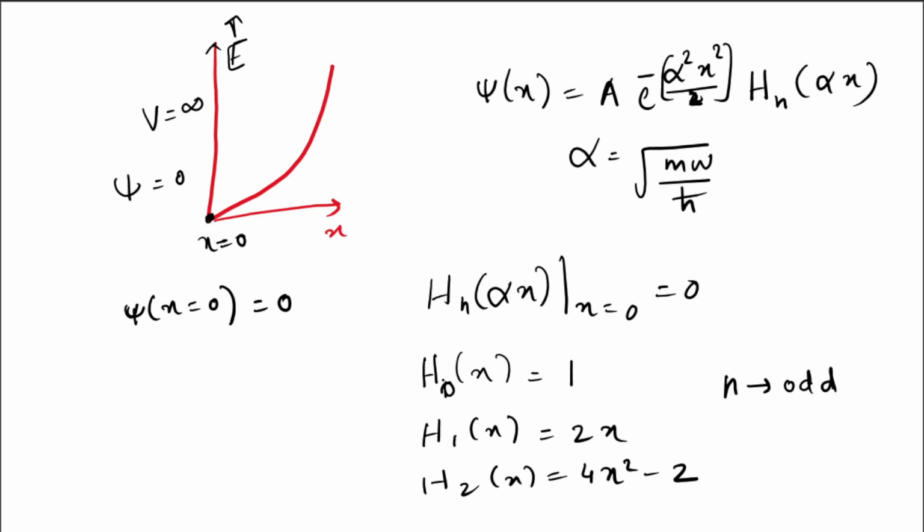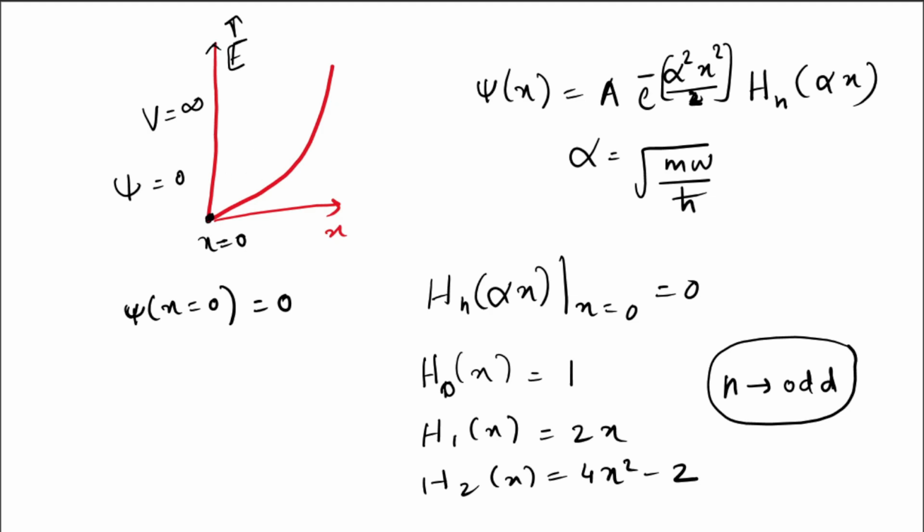Because H0 of x equals 1, whatever the value of x. And even if you put x equal to 0 in H2, it becomes minus 2, right? It cannot be 0. So the Hermite polynomial at x equal to 0 can be 0 only for odd n. So this is the condition.